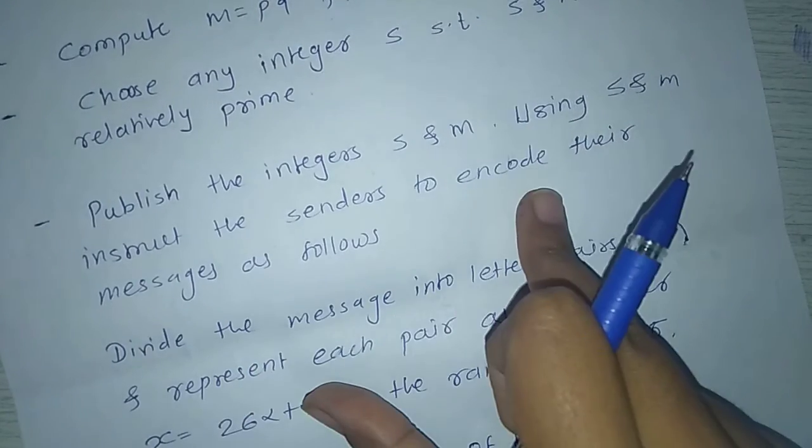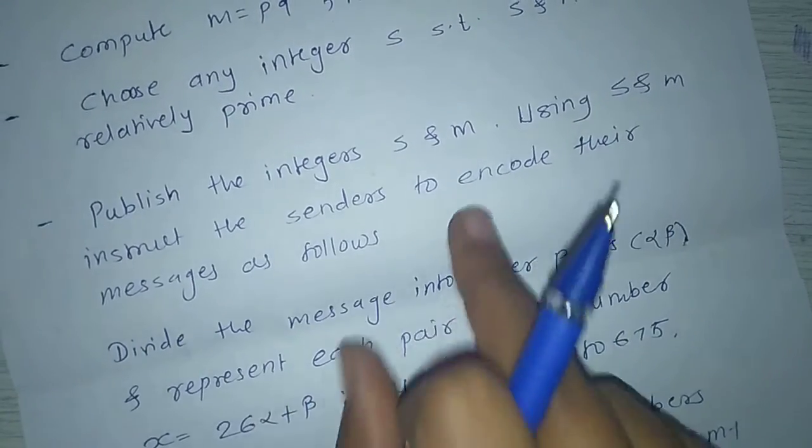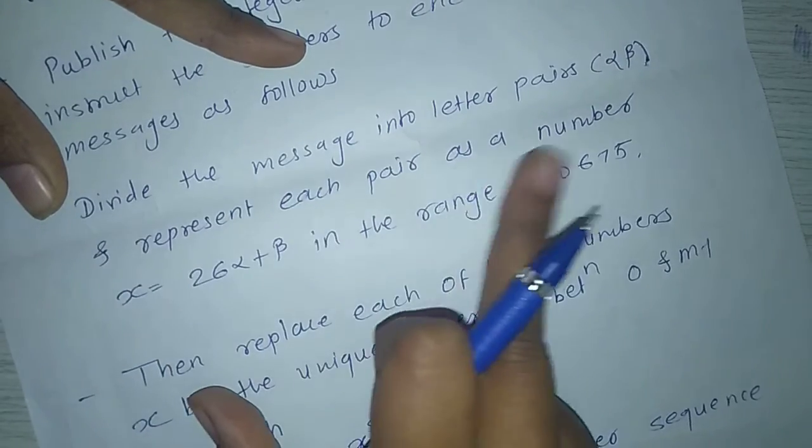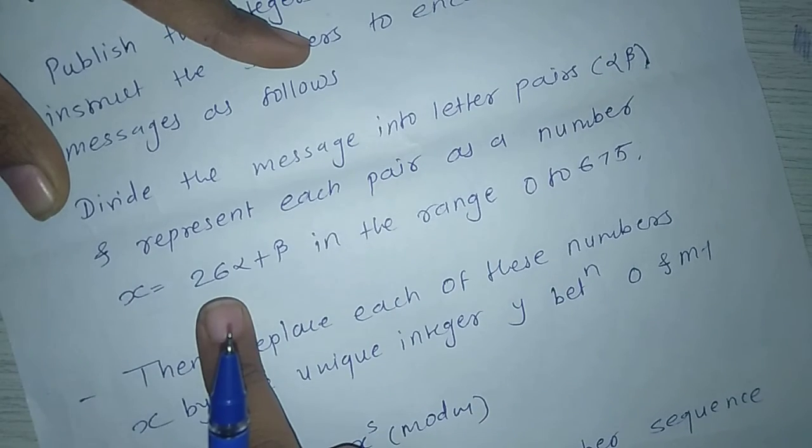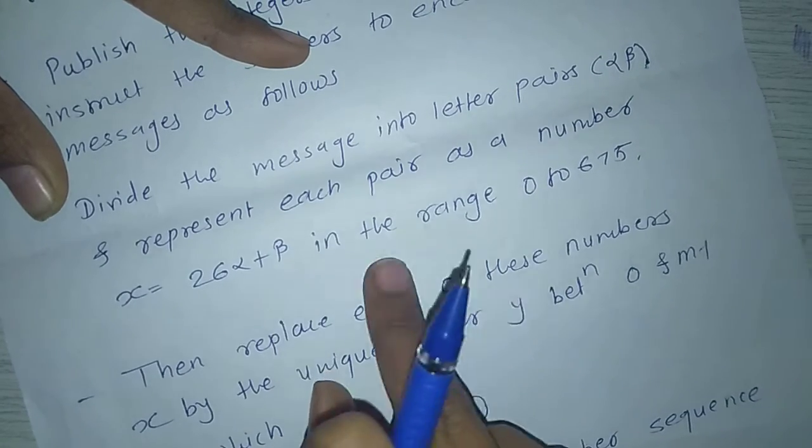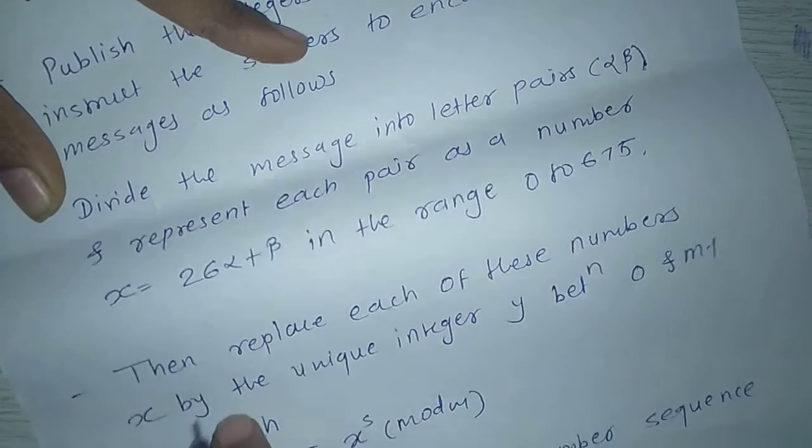Using S and M, instruct the senders to encode their messages as follows. Divide the message into letter pairs alpha, beta and represent each pair as a number x equal to 26 into alpha plus beta in the range 0 to 675.